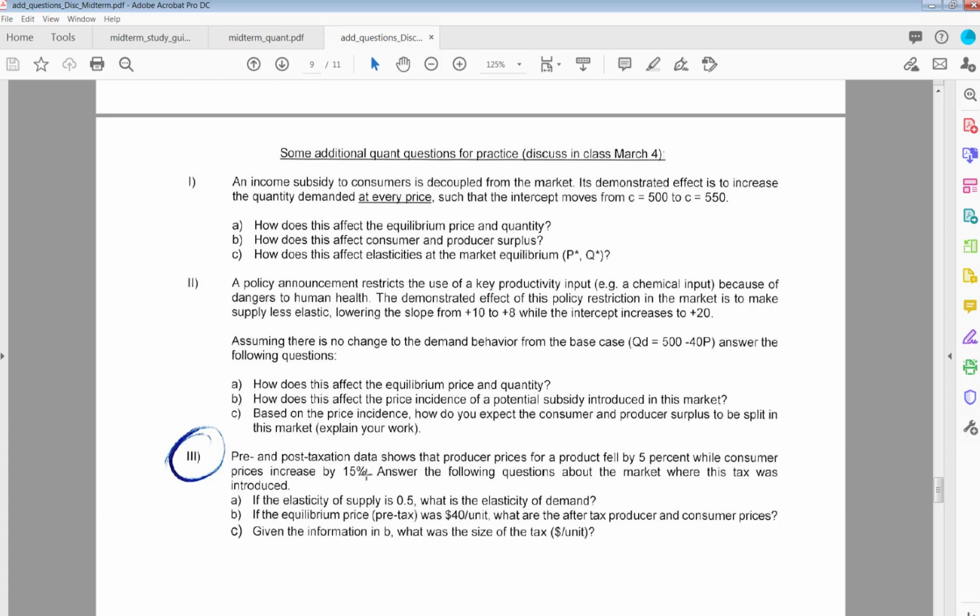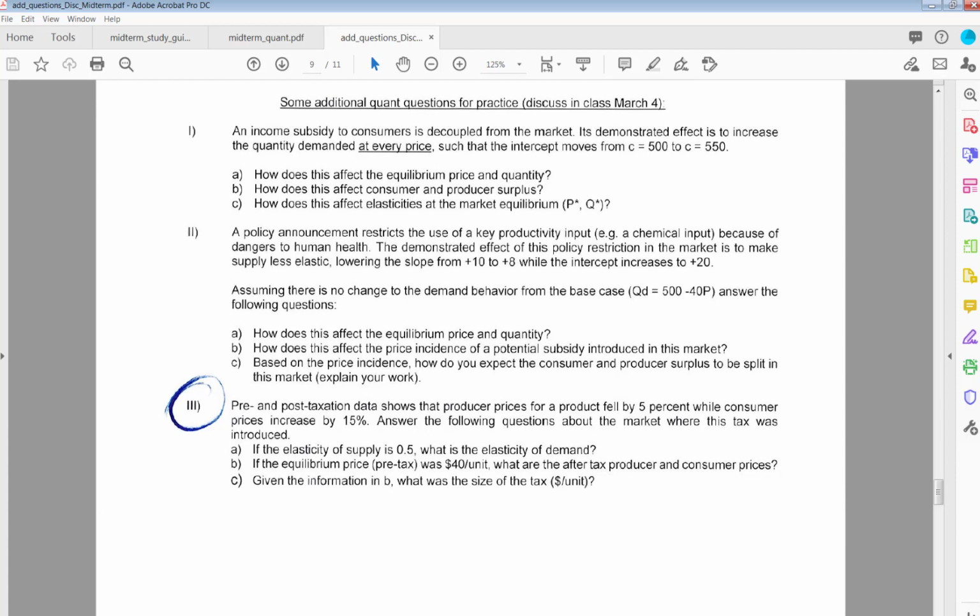So what does that mean? Well, there was a market with no tax, and they added a tax to it, and we were able to track the producer side price and the consumer side price separately and saw how they were differently impacted. So answer the following questions about that market where this tax got added.